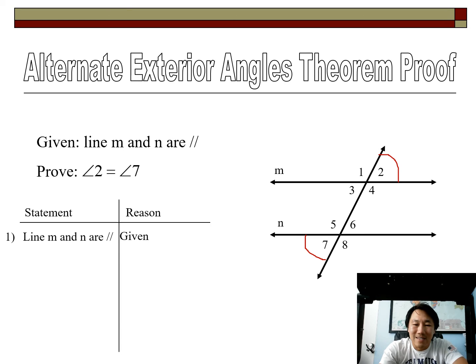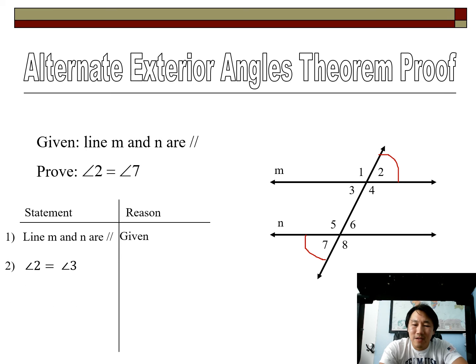So you rewrite exactly what the given says. Notice the given says line M and N are parallel. Now that we know that these two lines are parallel, we can use all of the rules that I gave you a couple of days ago, except for alternate exterior angles, because that's what we're trying to prove. Let's see how we can work it out so that we eventually end up with angle 2 is equal to angle 7.